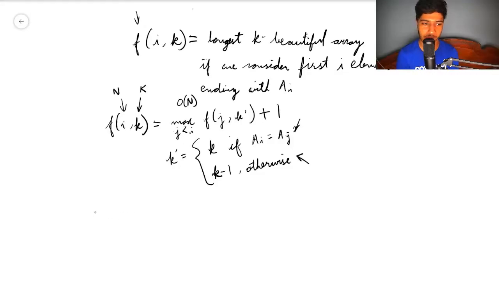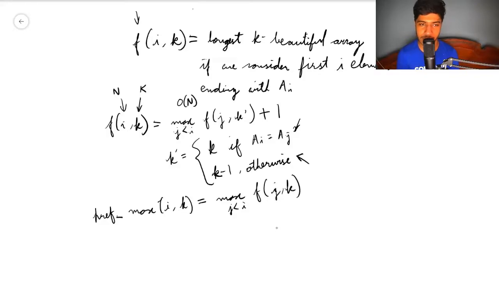So we define a pref max. pref max of i, k will be equal to max over j less than i of f of j, k, right?